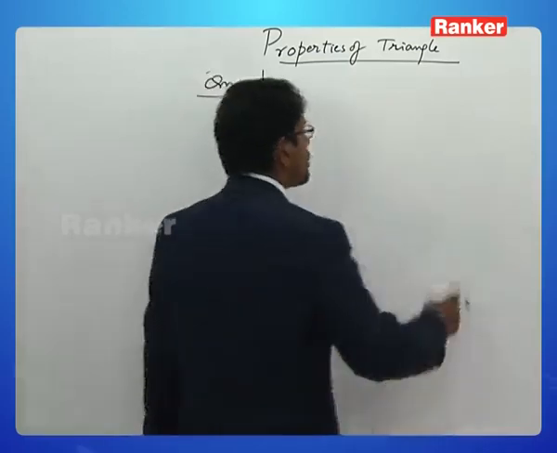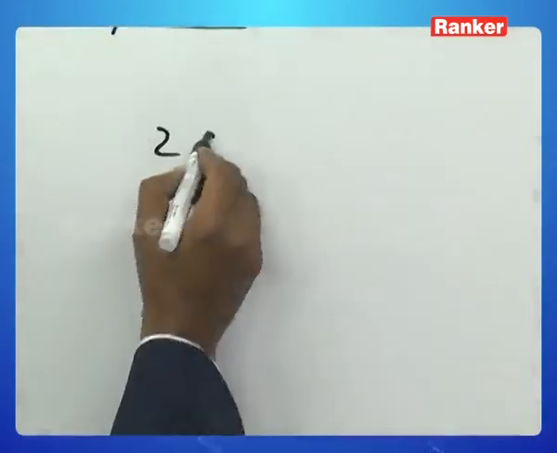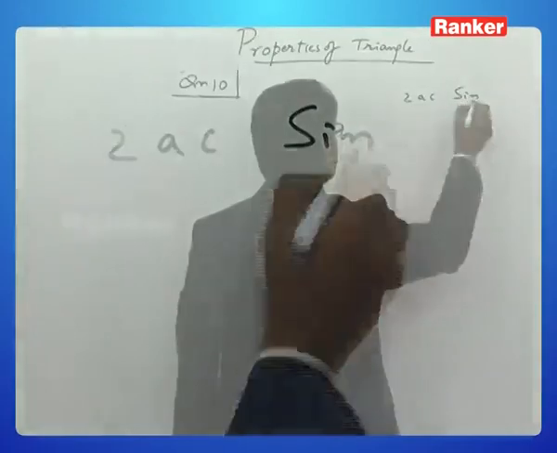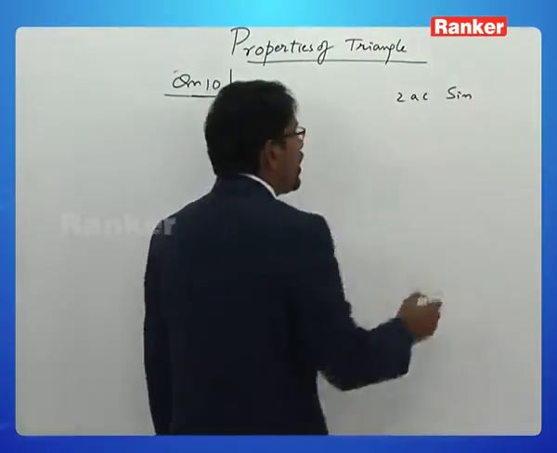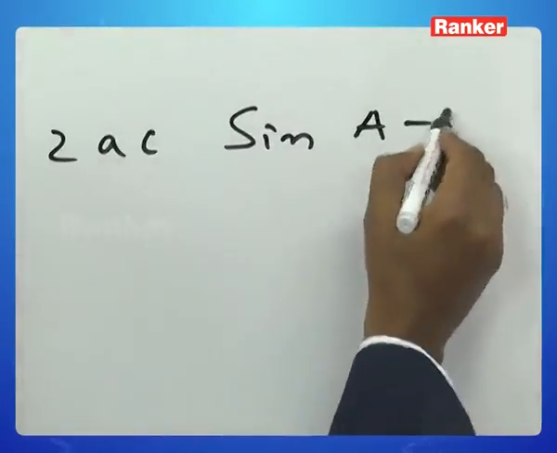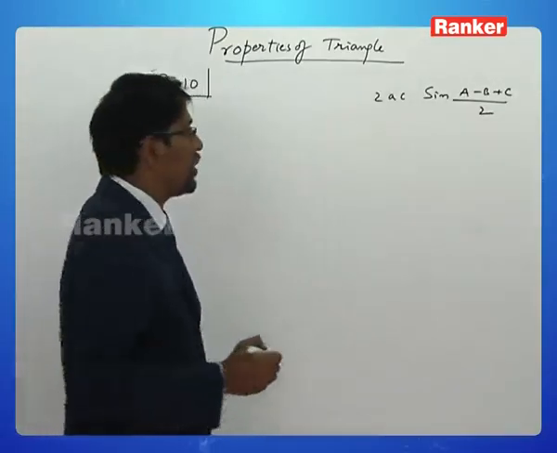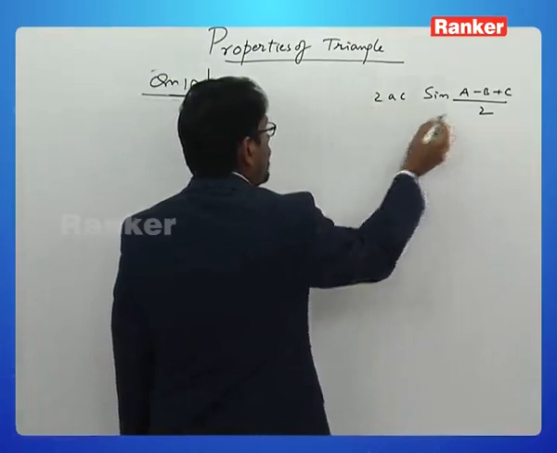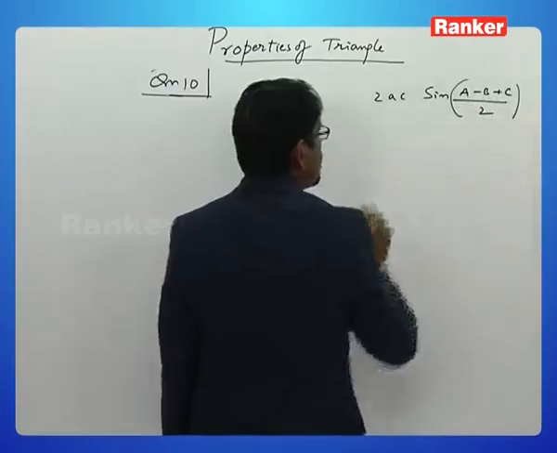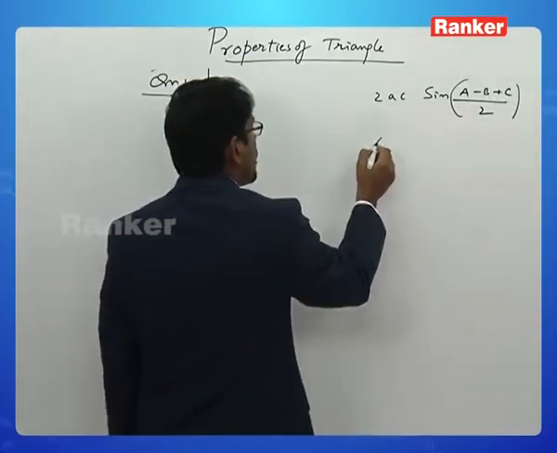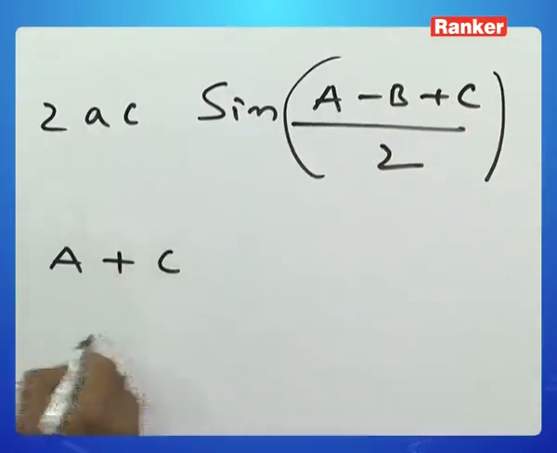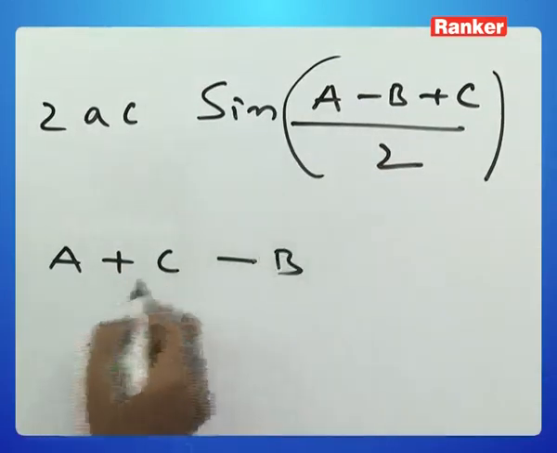Now, so 2 into AC into sine of (A minus B plus C) by 2. That's what you wanted here. Let's have a look. This we will write in the form of (A plus C minus B) by 2.